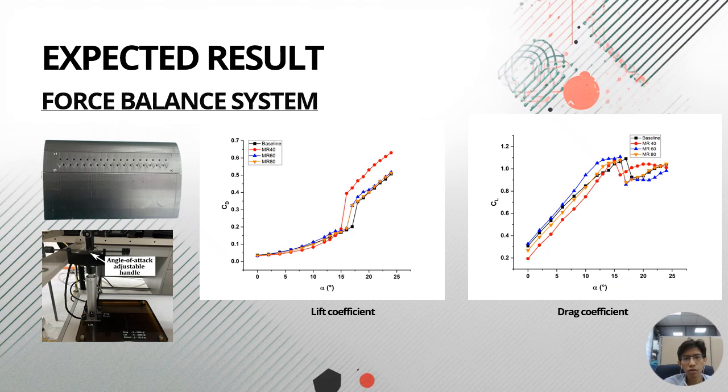The third one is the force balance system, so that we can measure the lift and drag. If we implement the flow control, we can see that the lift increases in comparison with the baseline, or no flow control, and the drag coefficient for the flow control also decreases, but only at a certain condition.